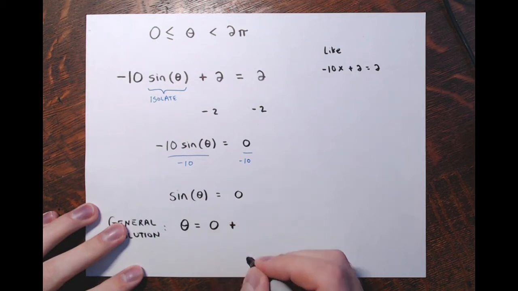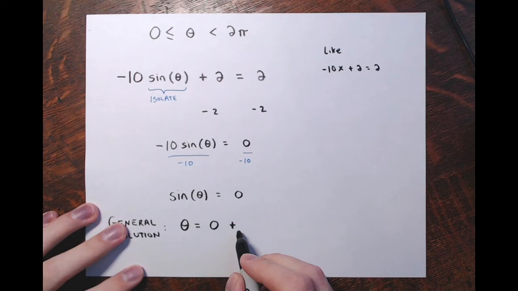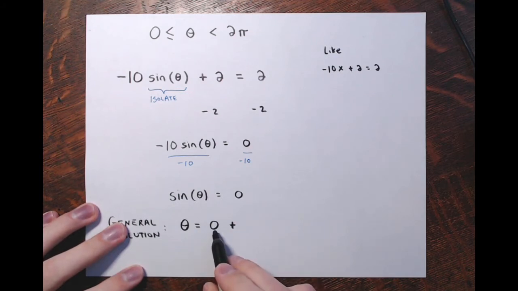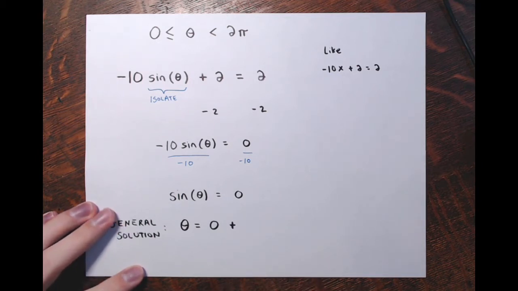Remember coterminal angles? If the sine of 0 is 0, all I need to do is add 2 pi and get another angle with a sine of 0. If we're talking radians. If you're talking degrees, you just add 360 degrees and you get another angle with the sine of 0. Those coterminal angles, those angles that end in the same position.